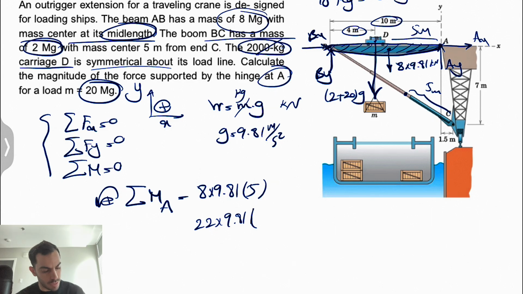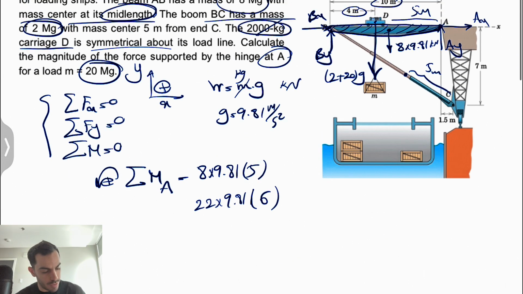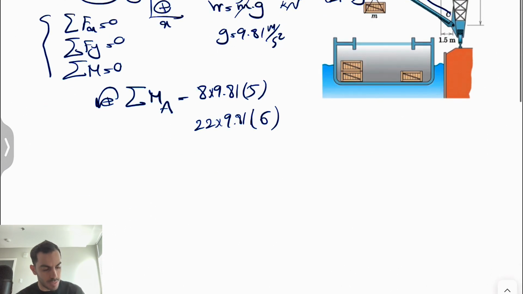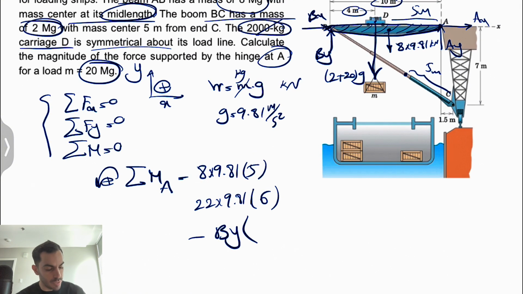And the last one is going to be the moment of By. This one's a clockwise moment, so negative, times the length of the beam, which is 10, equals 0. From here, we can find By.